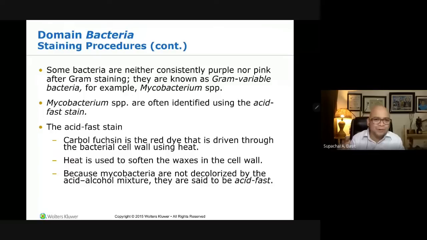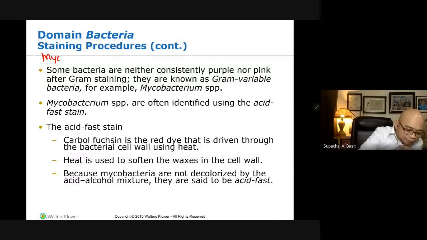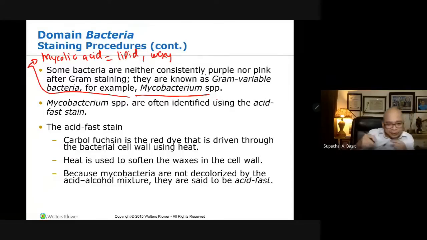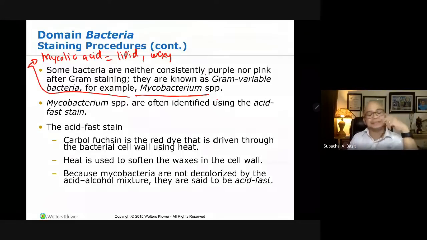So, though Mycobacterium are gram-positive, gram stain is not the best staining method for Mycobacterium because Mycobacterium has mycolic acid, which is lipid in nature and waxy, hence making it difficult for crystal violet to penetrate the cell wall of Mycobacterium.